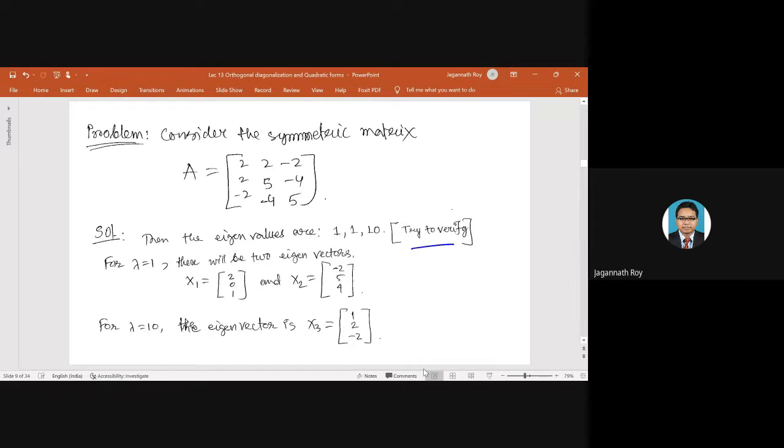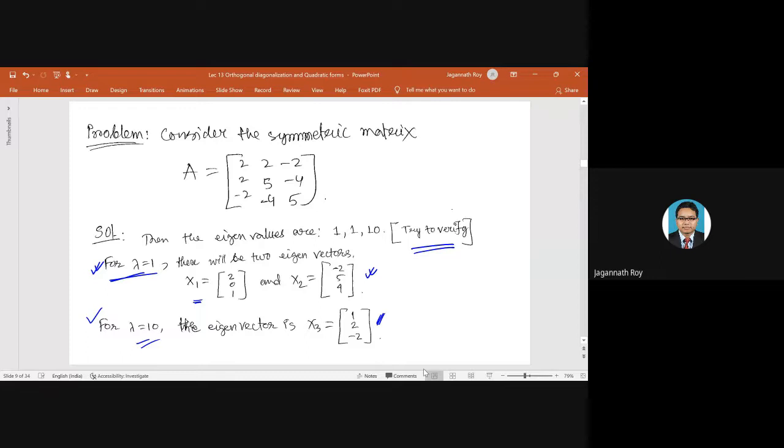Try to verify. The eigenvalues of this matrix are 1, 1, and 10. For the particular eigenvalue, the eigenvector is this one. Since 1 has multiplicity 2, it may have a maximum of 2 independent eigenvectors. So here x1 and x2 are found. And then for lambda equals 10, we'll have this eigenvector.